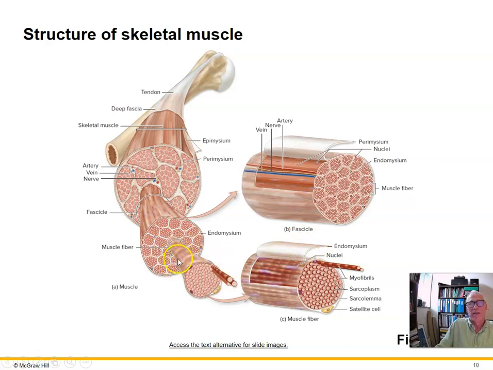We see pulled out an individual muscle cell out of this fascicle, so we can take a look at it. We see the endomysium, but we also see some organelles within that muscle cell called myofibrils. So the cytoskeleton of a muscle cell is 90% or 90-something% of its entire composition, and the myofibrils are the units of cytoskeletal arrangement.